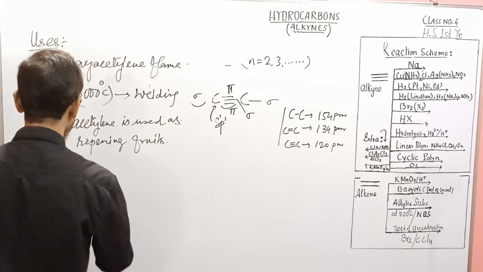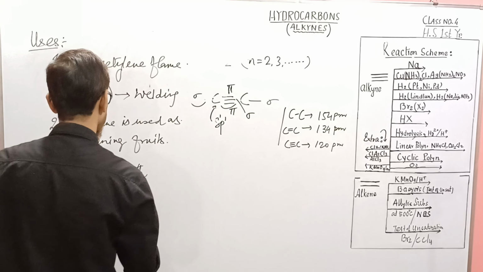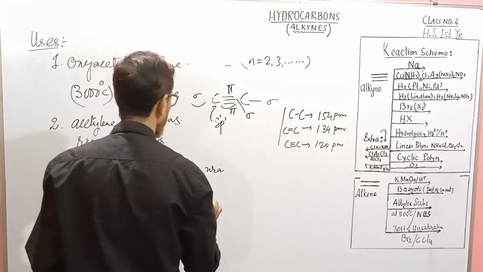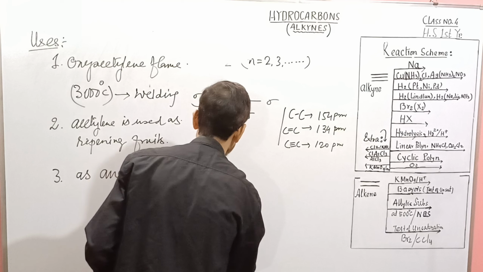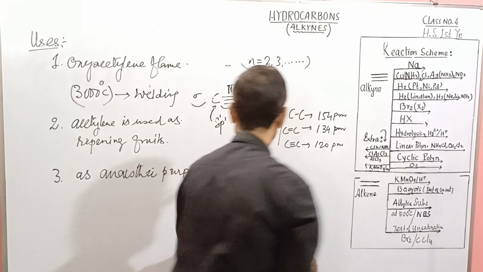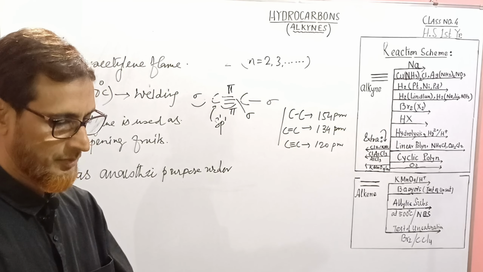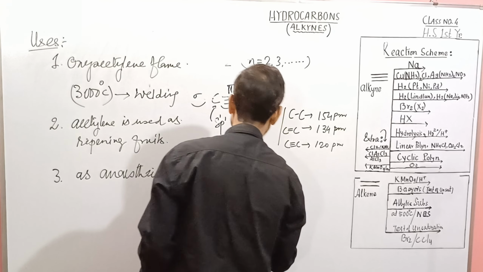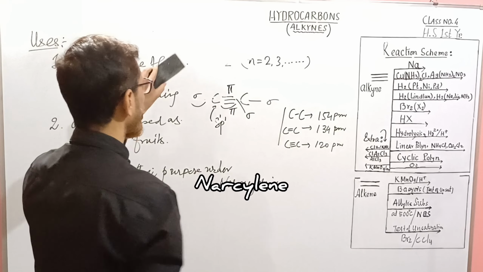And third, it is used for anesthetic purposes under the name narcylene. These are simple uses and structural facts about acetylene.